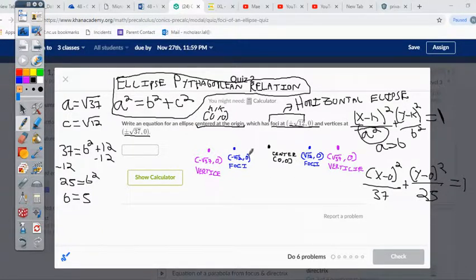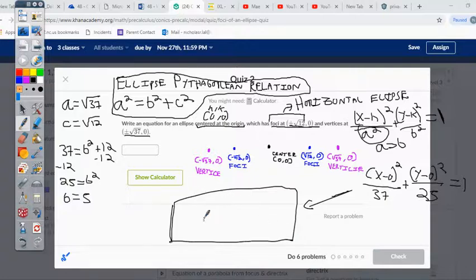So simplifying, for our final answer, x squared over 37 plus y squared over 25 is equal to 1.